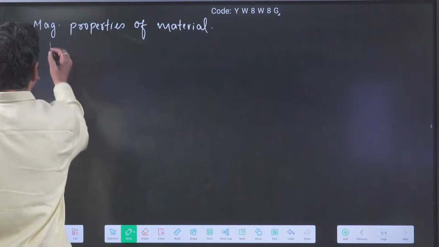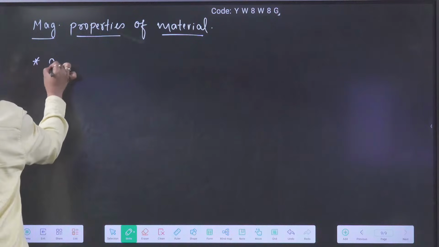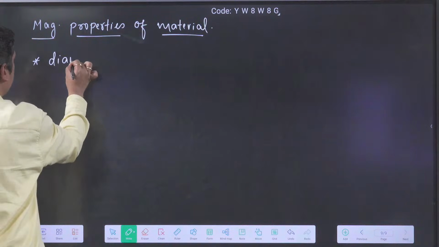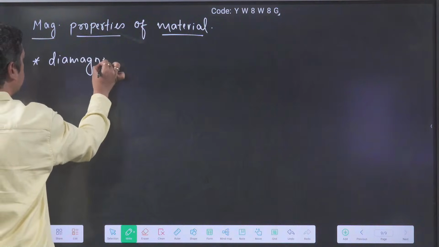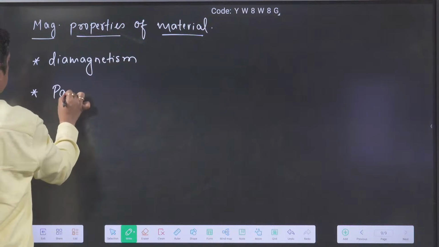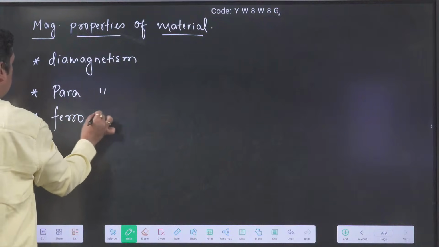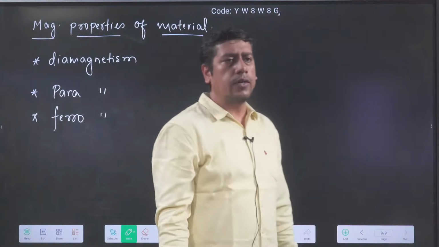Magnetic properties of material. There are three types of magnetic properties. One is diamagnetism, another one is paramagnetism, and the next one is ferromagnetism.